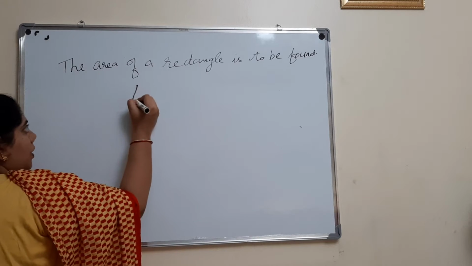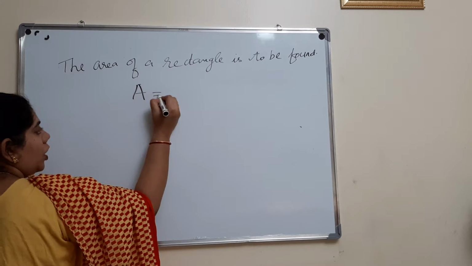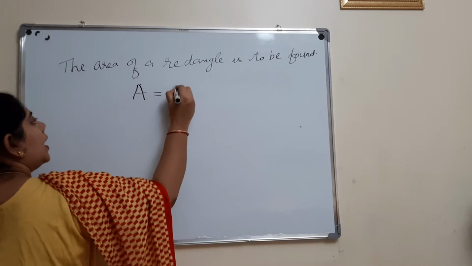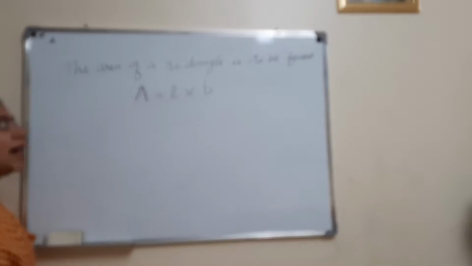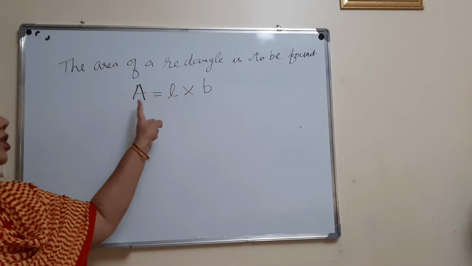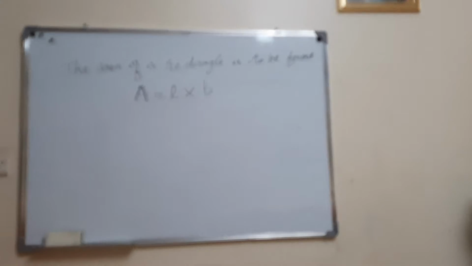So what is the area of a rectangle? Area of a rectangle is equal to length into breadth. That we know. Area of a rectangle is length into breadth.